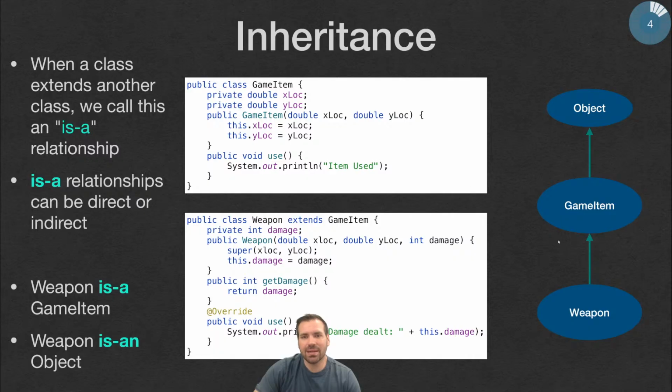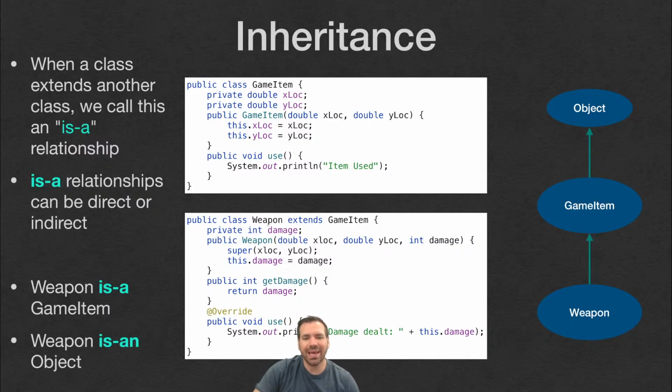And there's another way of phrasing this, is that this is an is-a relationship. In a very real sense, if a class extends another class, it is that class. It is an object of that type. So when we say weapon extends game item, yeah, we get all the state and behavior, like we've said a bunch of times.